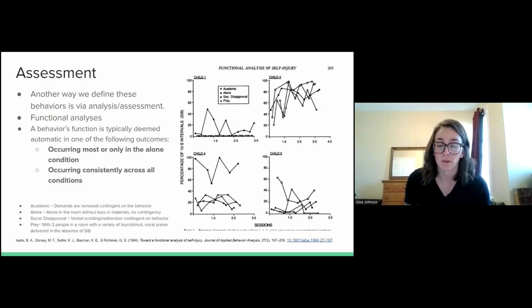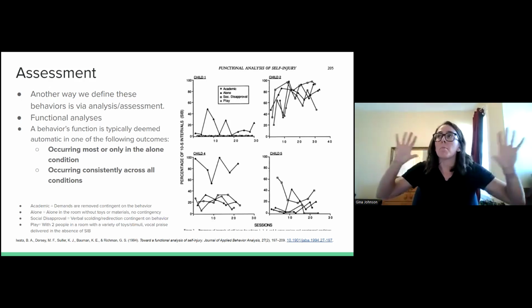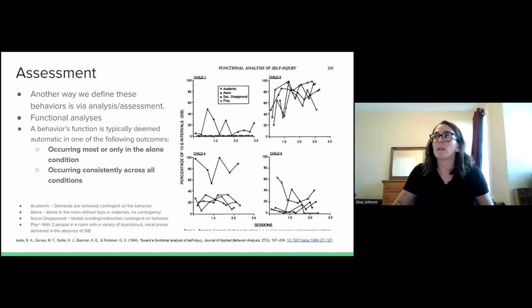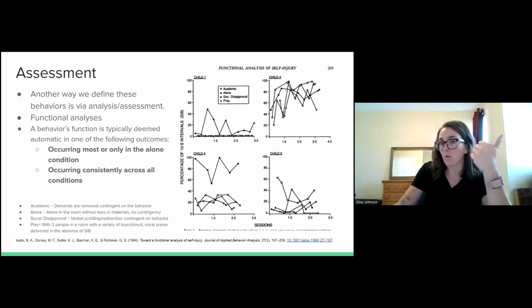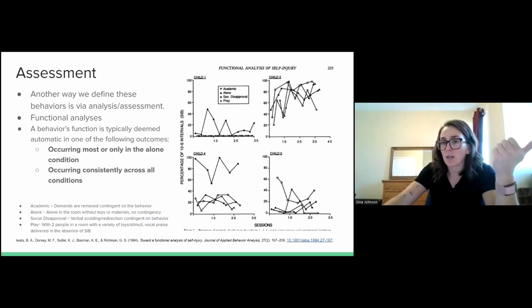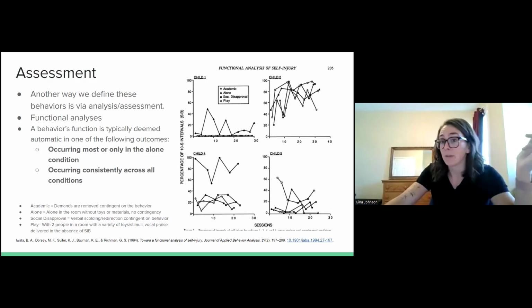So we're going to move forward with that. Those are the 2 things we want to keep in mind when we think of an automatically maintained behavior. It doesn't require social mediation, no social consequences, and it's either something that happens most when a kid is alone, or it happens anytime in any condition.